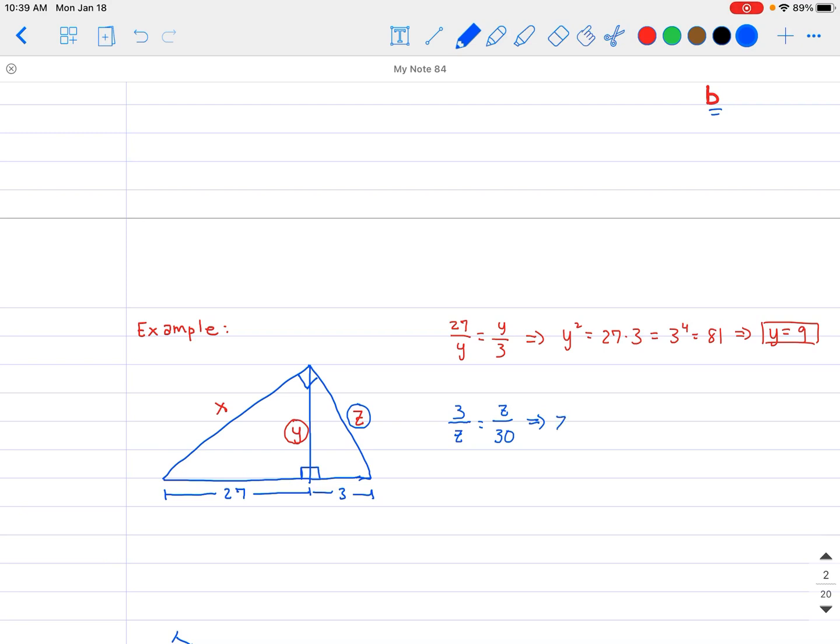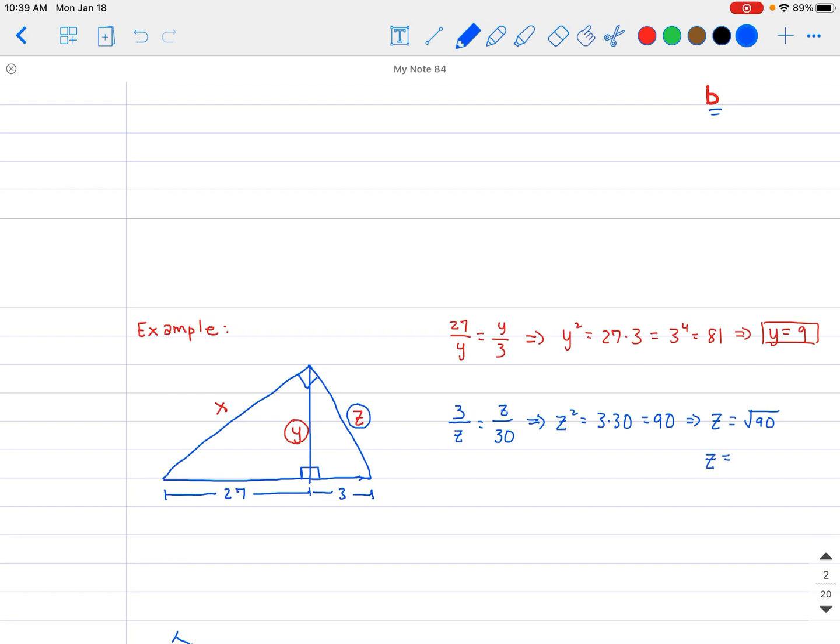Then that means that z squared is equal to 3 times 30, which is equal to 90. So then that means that z is going to be equal to the square root of 90. And this is probably where you're going to have to reduce or simplify this as much as possible, just to make sure the answers come out nice. And maybe you can combine it with other stuff in the future.